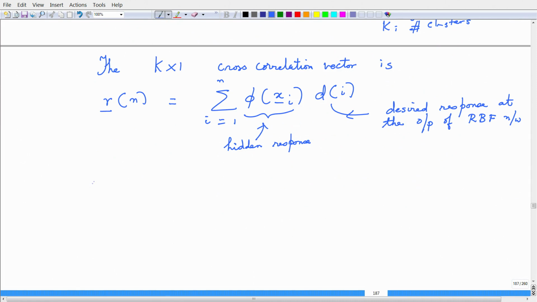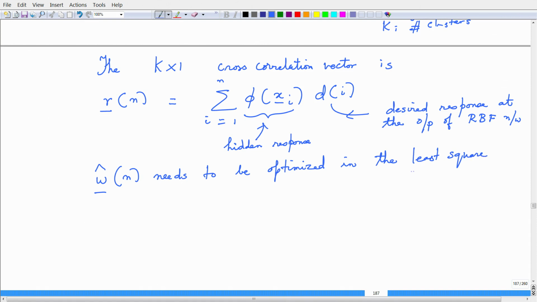Now, w hat of n needs to be optimized in the least square sense. Why?